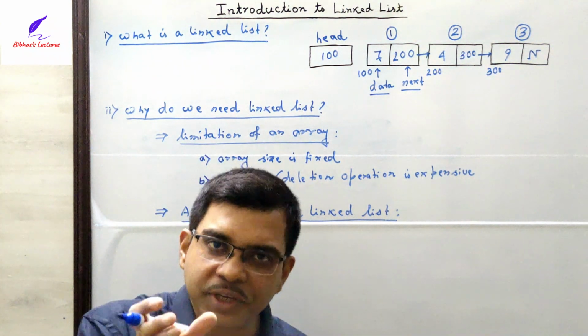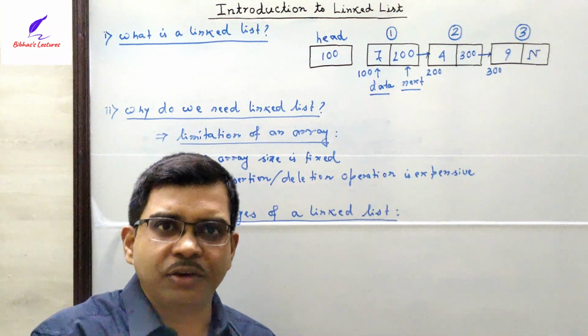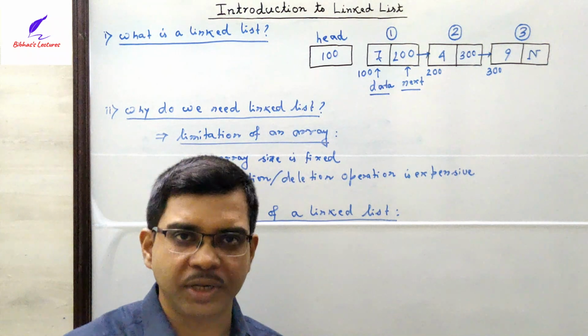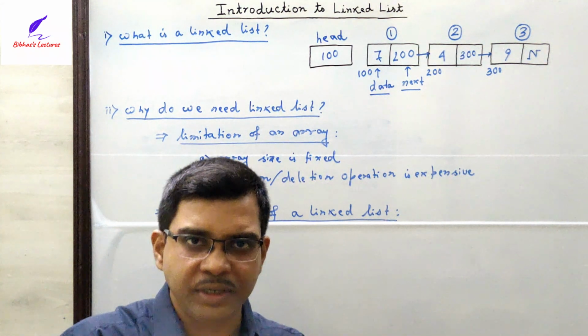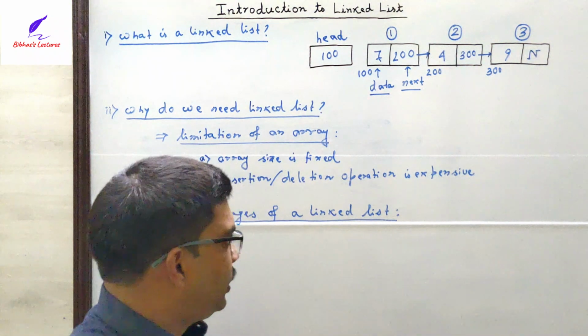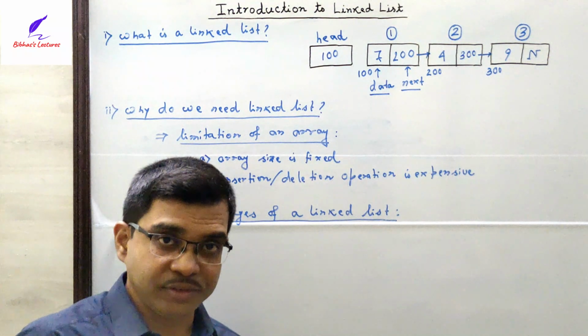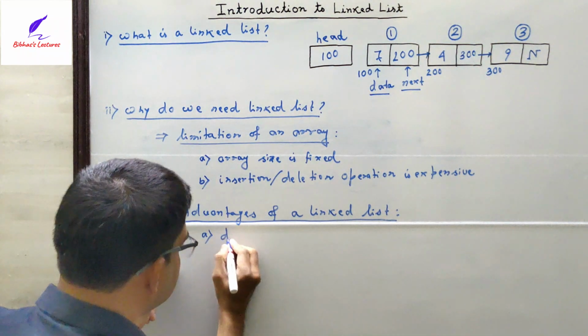That means whenever you need to create a new node to insert a new element, you can call the malloc function at the runtime of the program, and malloc function will create memory for that node. So you do not need to declare the size of the linked list before working with it. So it is dynamic in nature.